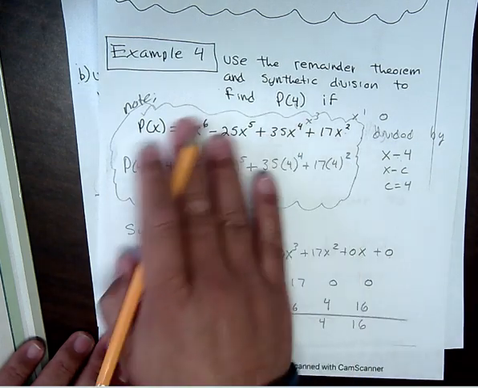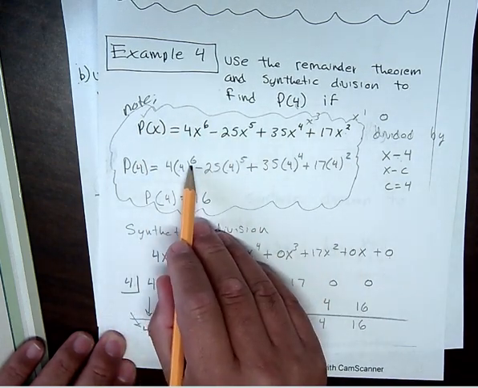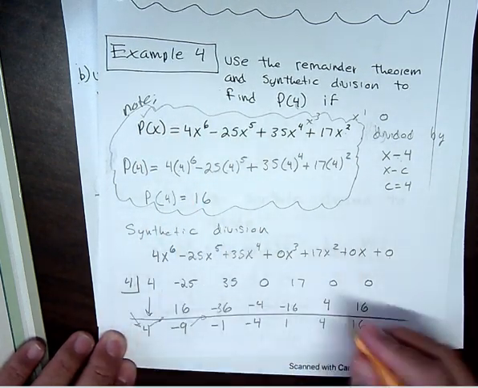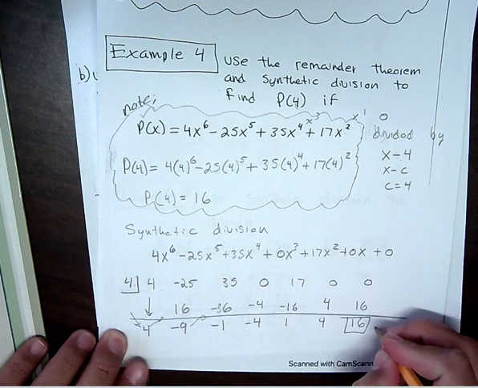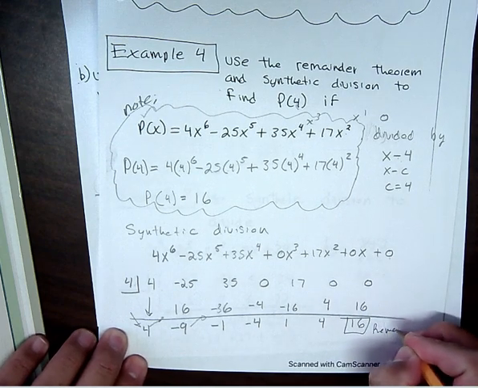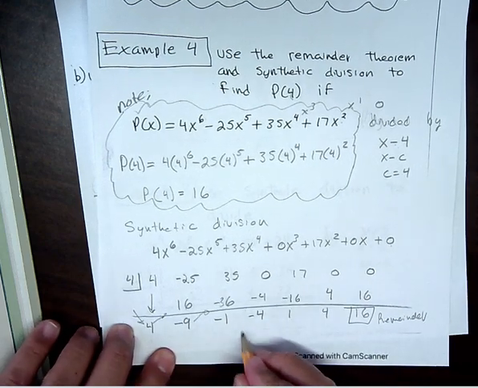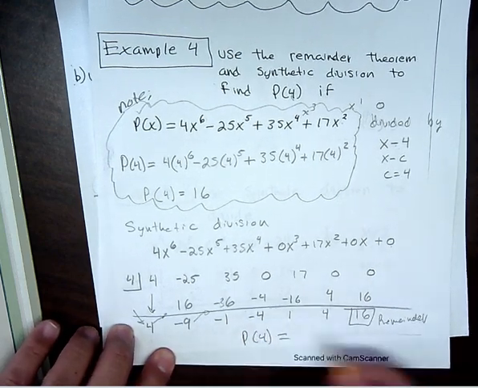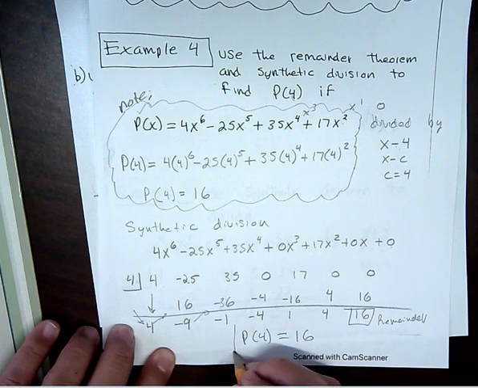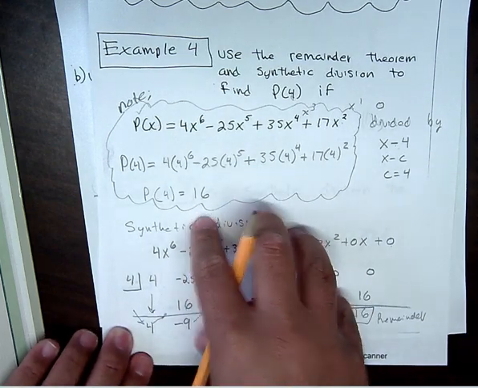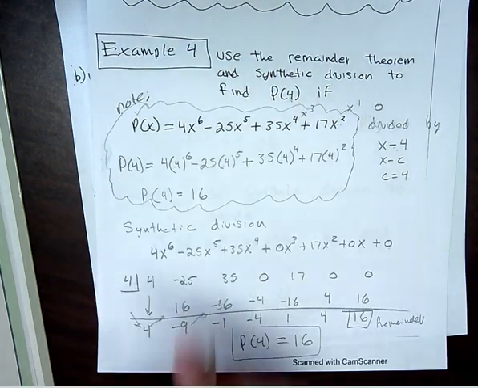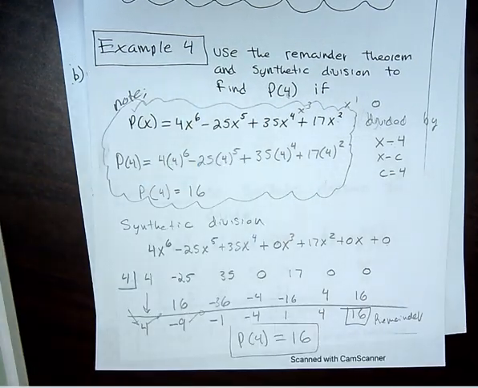So instead of doing these huge numbers, you can do this and you end up at 16. This is the remainder. Based on that remainder, you can say that P of 4 is equal to 16. So this would be easier than that in many cases because of the big numbers. That's it, guys. Thank you.